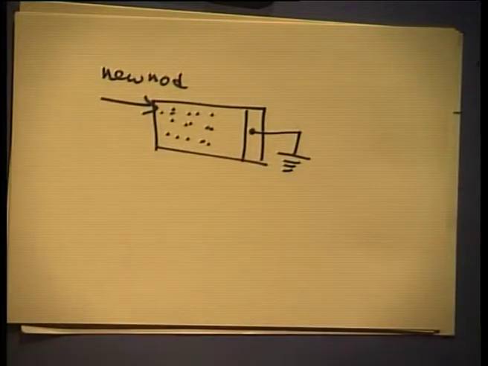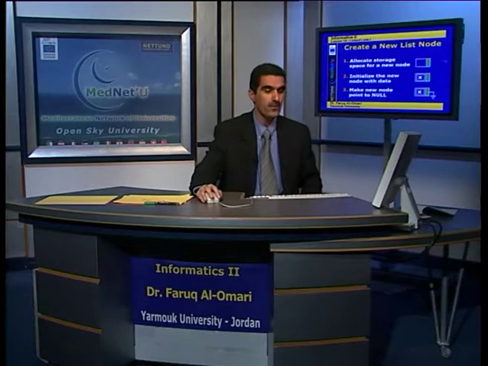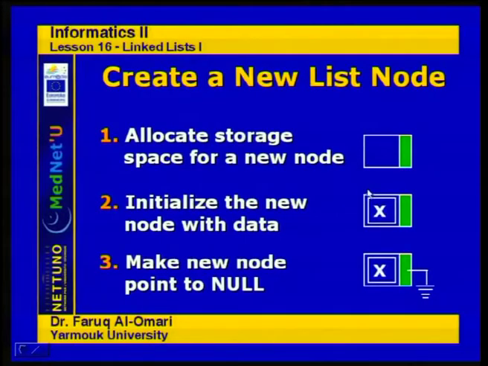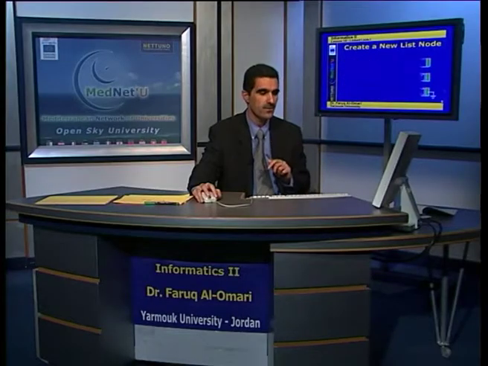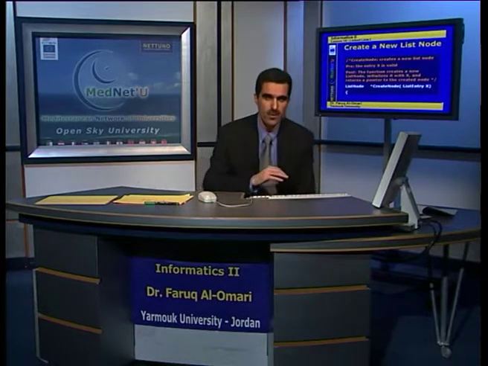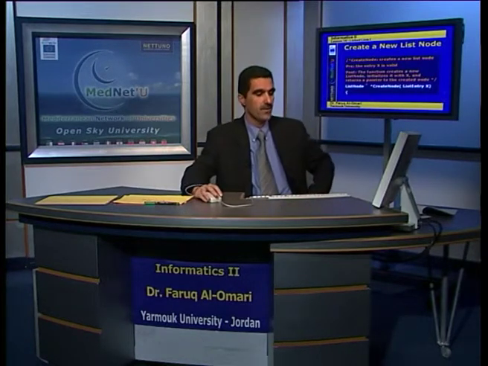So three steps basically in creating the node. First of all, allocate space for the node. Then put the data inside the node, and then make this node point to null. Very simple, straightforward. Let's develop the program for that, and we're going to end right there.